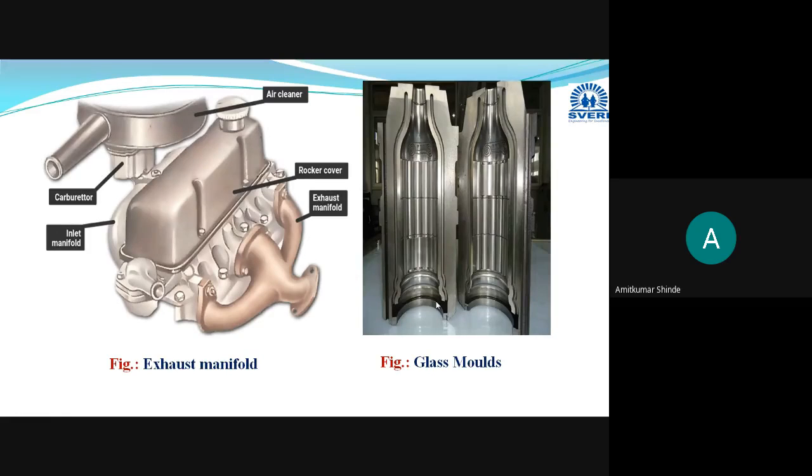Whichever mold is used for manufacturing the glass bottles, that mold is manufactured with silal material only. This is the glass mold. This is the exhaust manifold. Then glass molds which are used for manufacturing glass bottles.